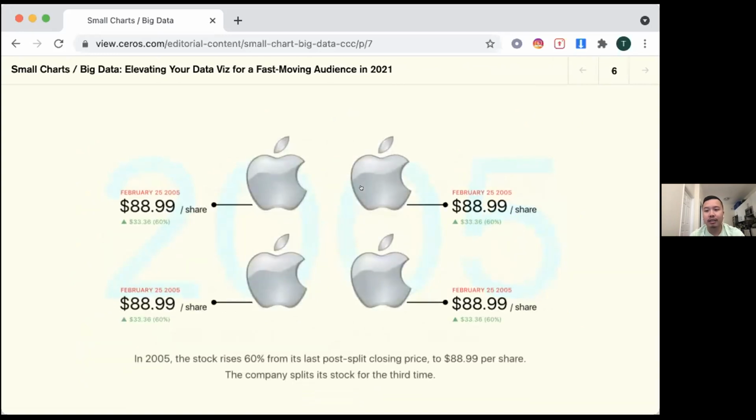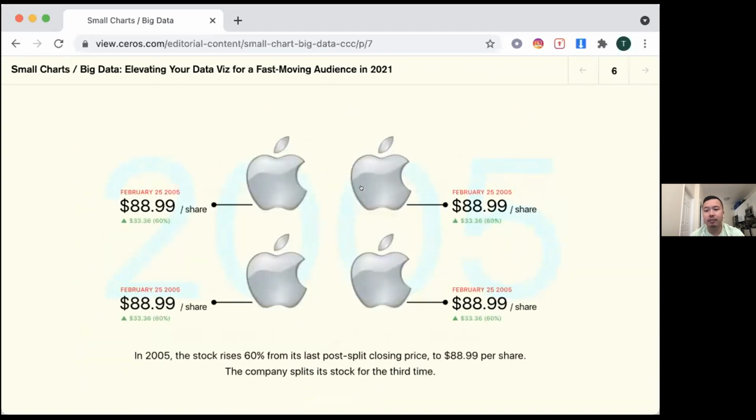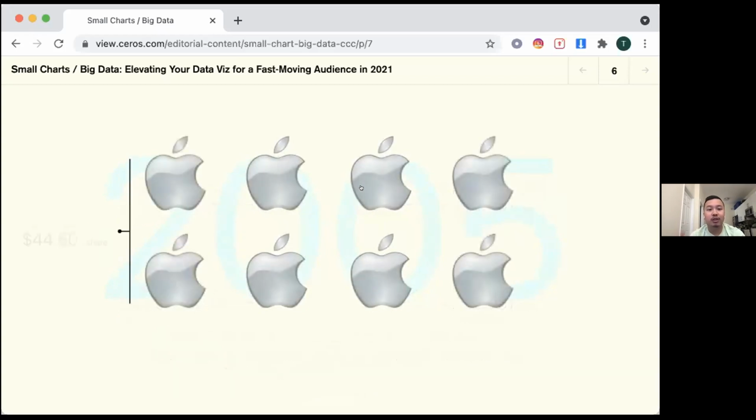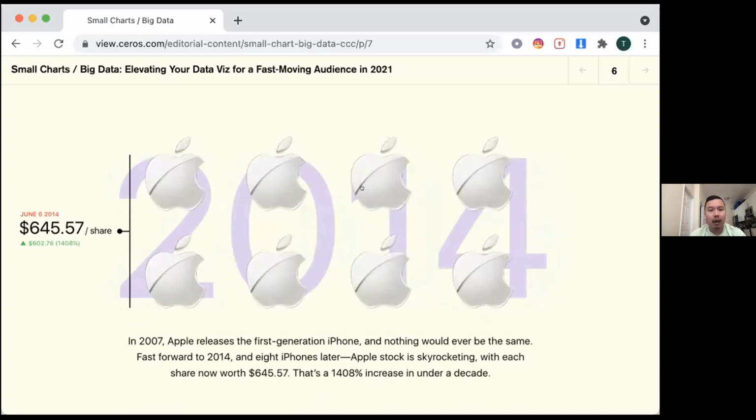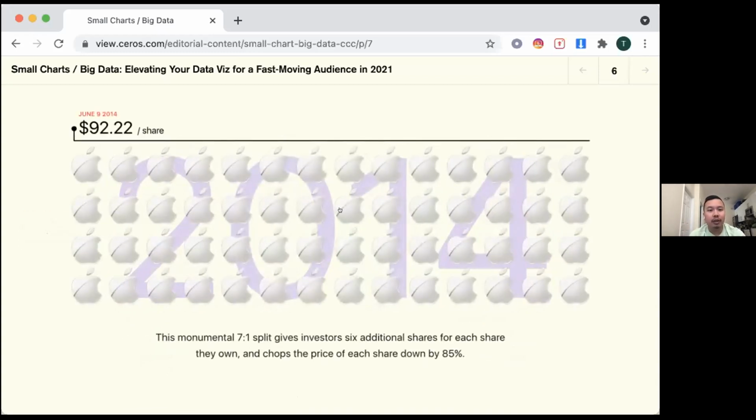It's a highly customized interactive experience because the interactivity is unique to the story itself. You're splitting the apple as you go. So I thought it was a really interesting non-chart way to show different types of data viz.